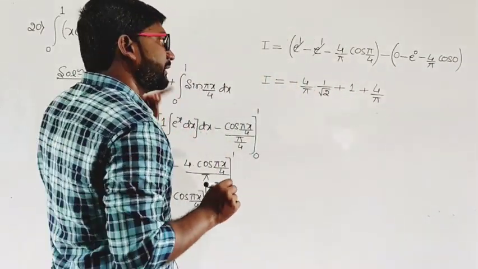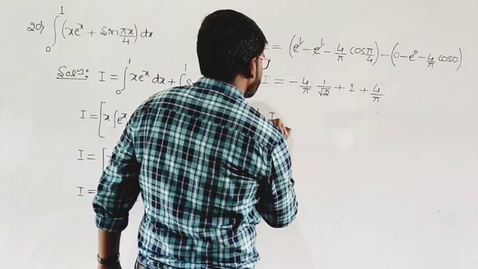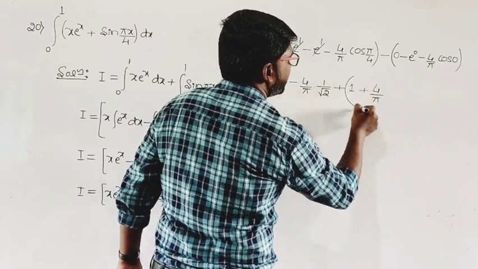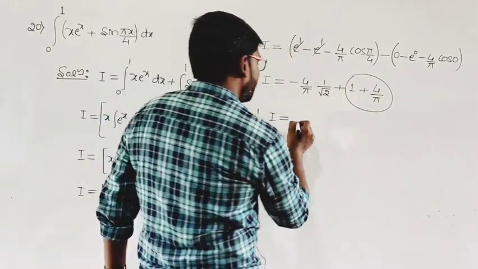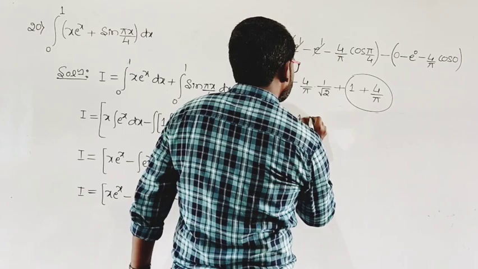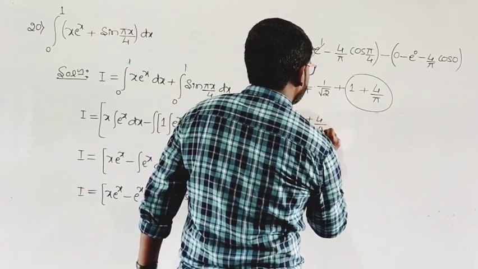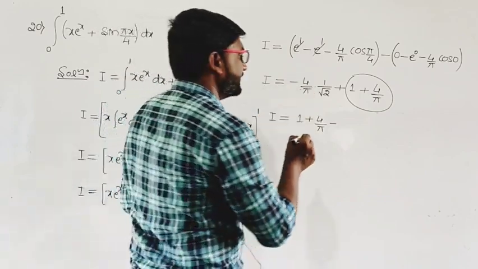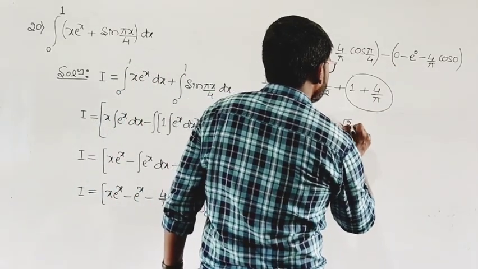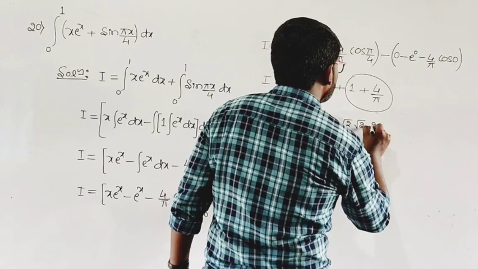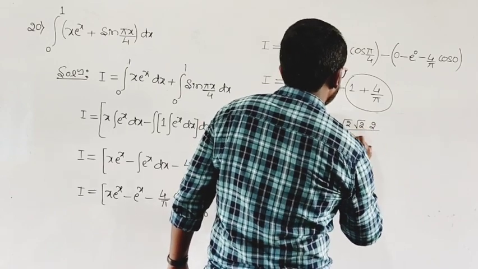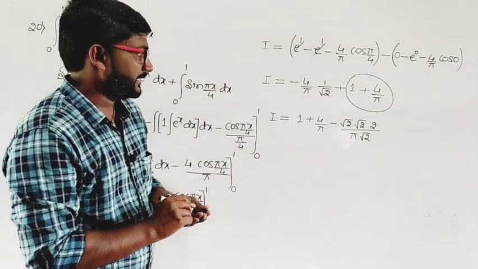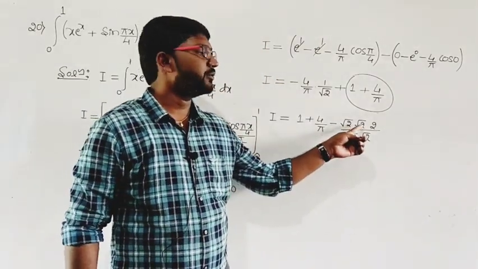So now see here, I is equal to, I write this term in the beginning now because it is positive. 1 plus 4 divided by pi, then minus this 2, I write it as root 2 into 2 divided by pi into root 2. Check it out. See here, root 2 into root 2 is root 4.